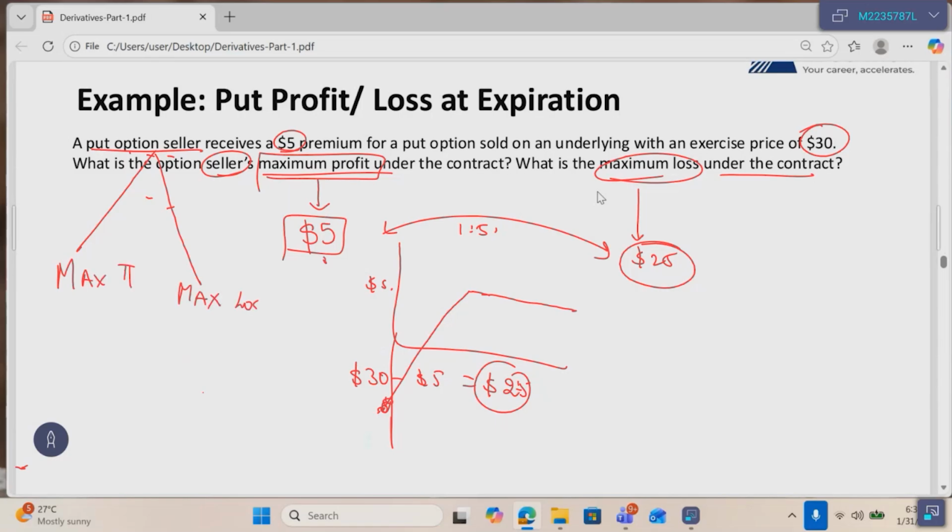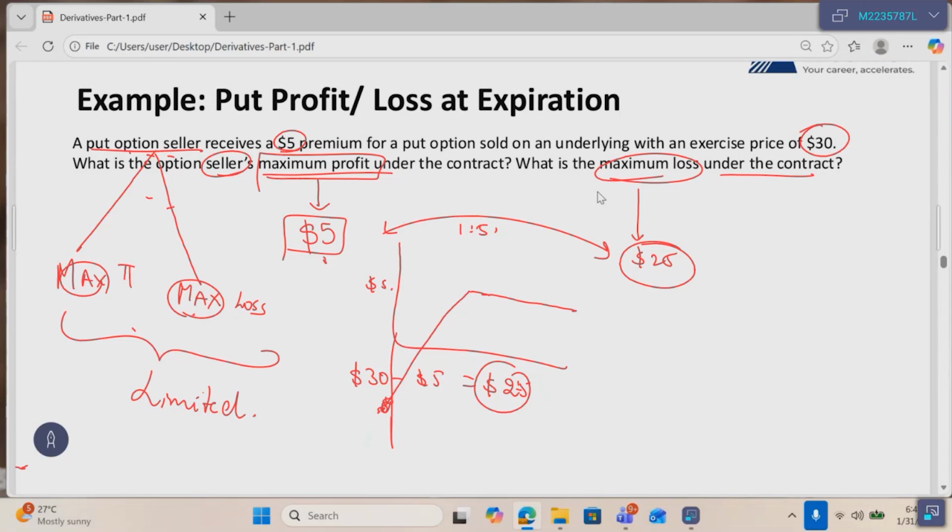You cannot say he has unlimited loss. The short put will have limited loss and limited profit. So both profit and loss are limited for the short put. Obviously, theoretically. Are we clear, guys? Theoretically, both of them have a cap on the profit or the loss that they're making.